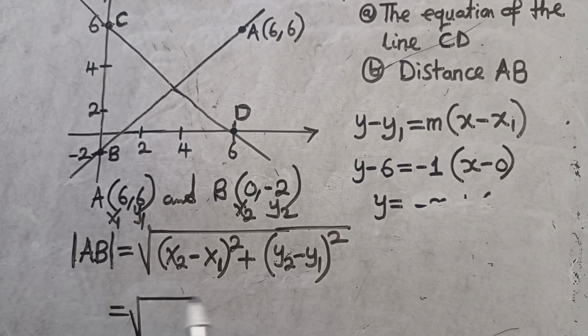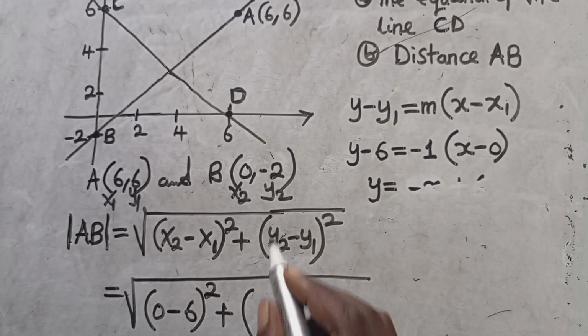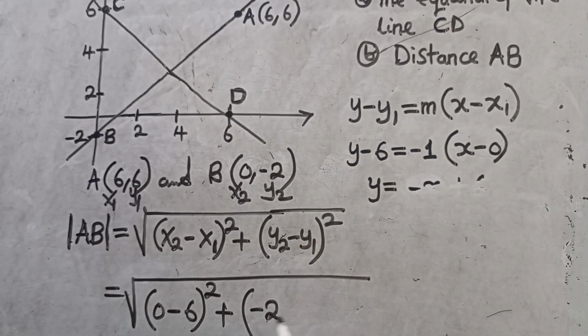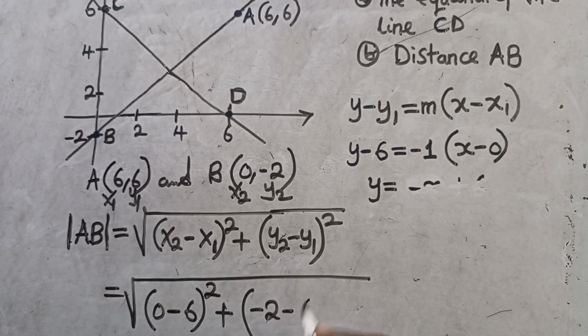What is X2? That is 0 minus X1, that is 6, squared. Plus Y2, that is negative 2, minus Y1, that is 6, then squared like that.